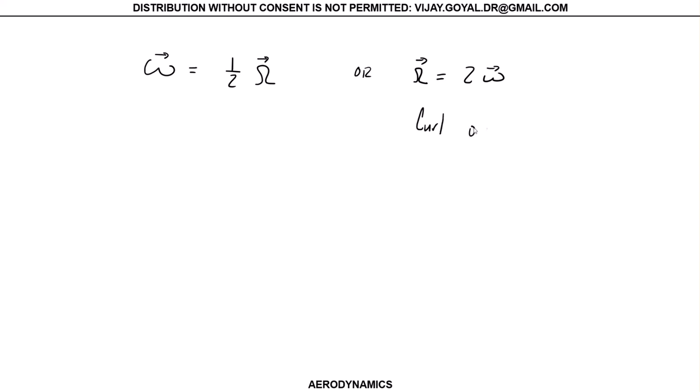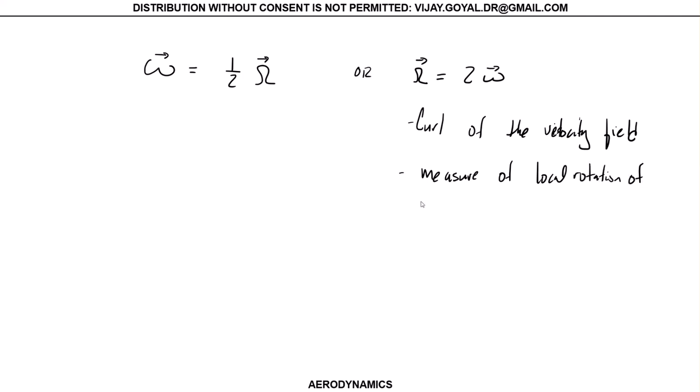This is known as the curl of the velocity field, and it is also known as the measure of the local rotation of the fluid. Okay? Now, rotation, this is vorticity.